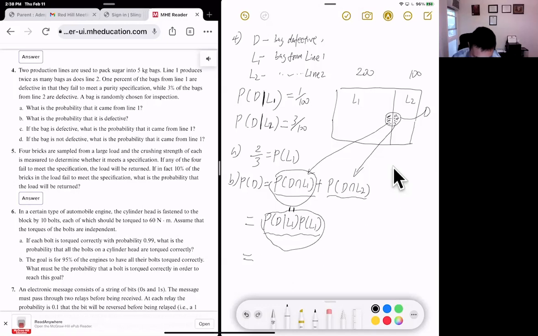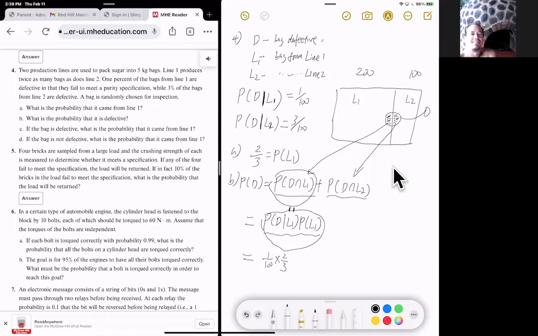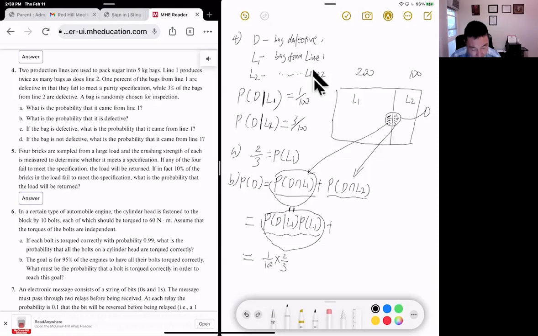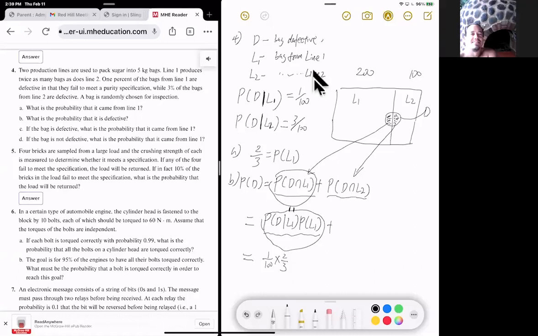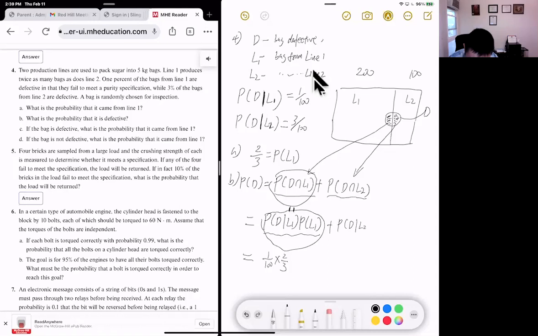That will be equal to 1/100 times 2/3. Then let's deal with the second part here. P(D and L2) is equal to P(D given L2) times P(L2).